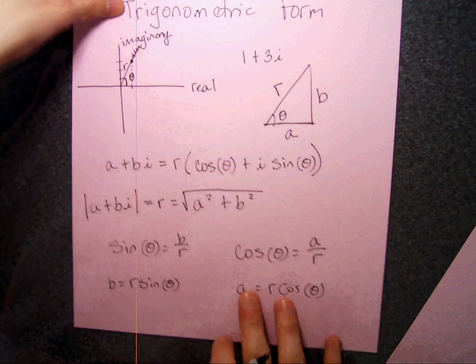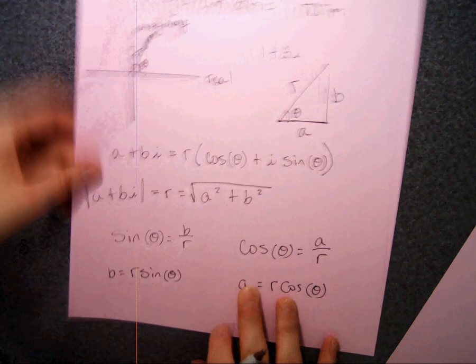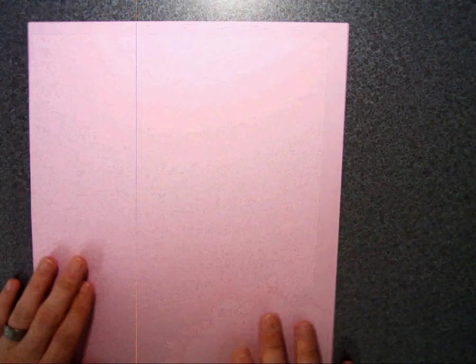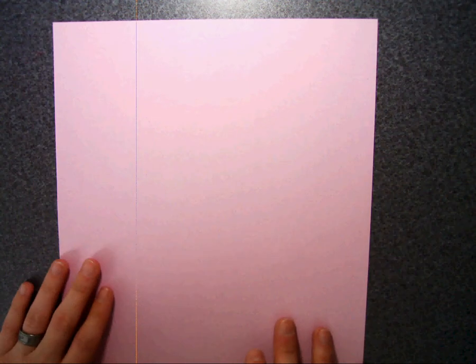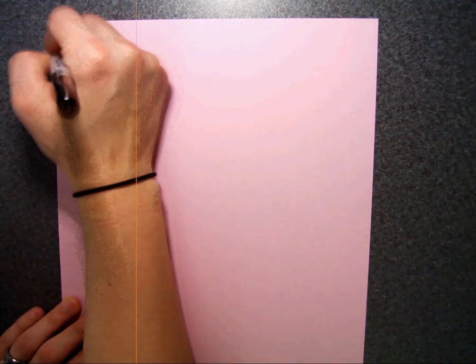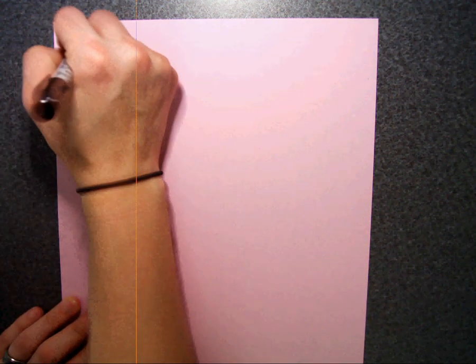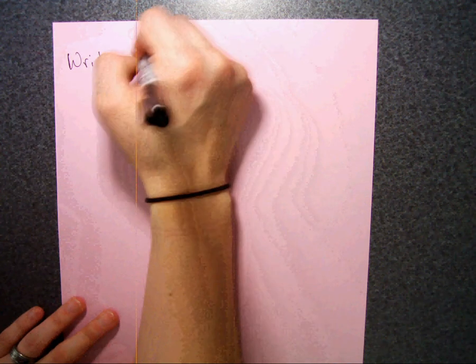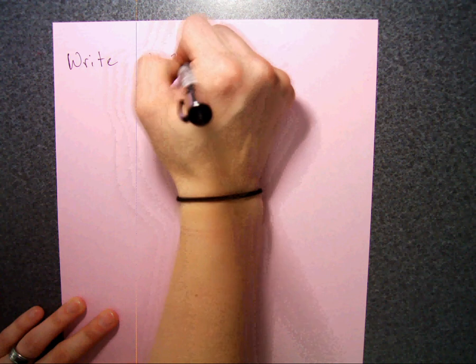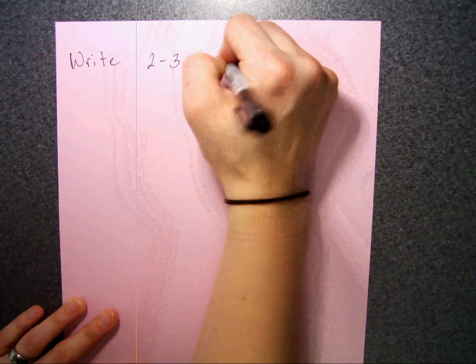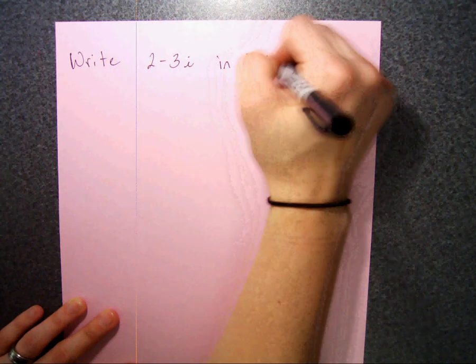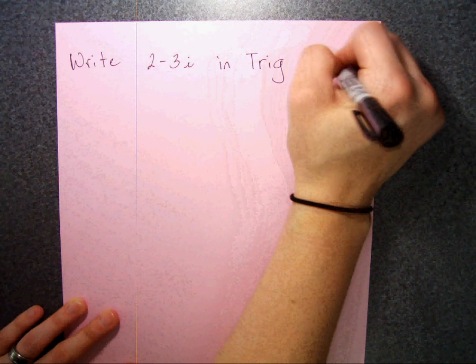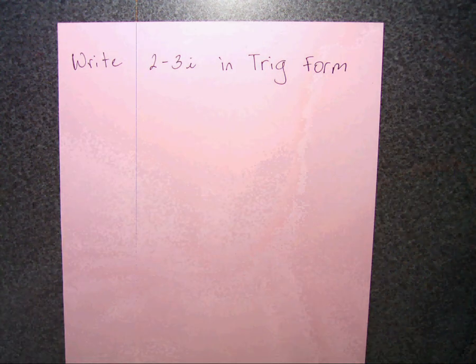All right, so I want to write 2 minus 3i in trigonometric form. So the first thing I'm going to do is graph it to see what quadrant I'm in.